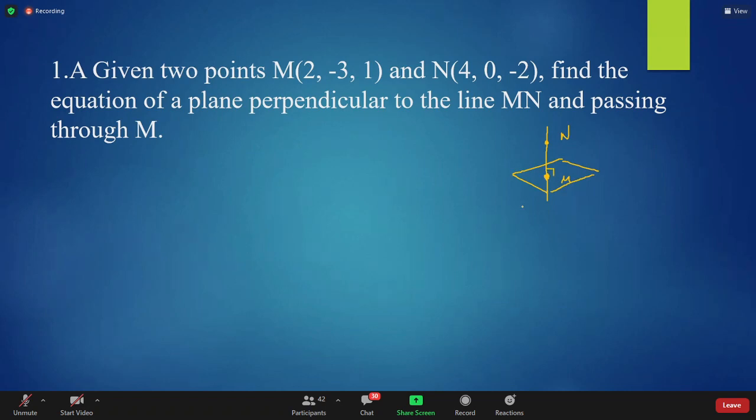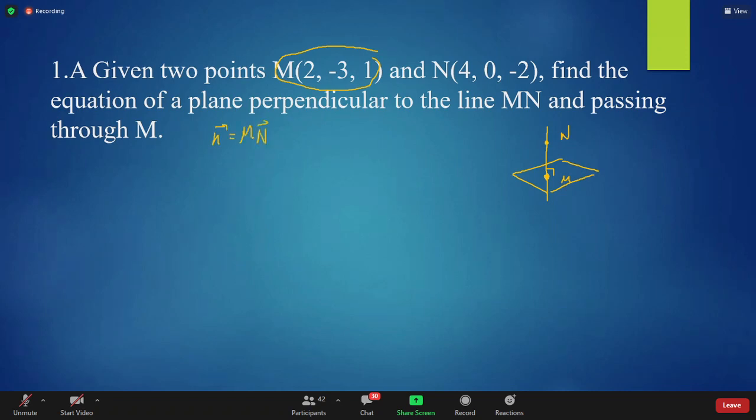So we have point M, the coordinates of a point in the plane, and what we need is the normal vector. It seemingly is not given, but we can use vector MN as the normal vector.